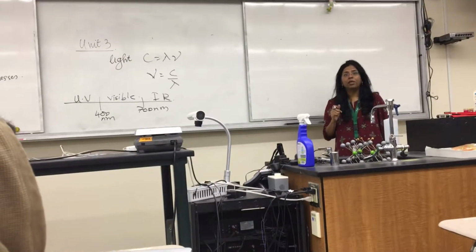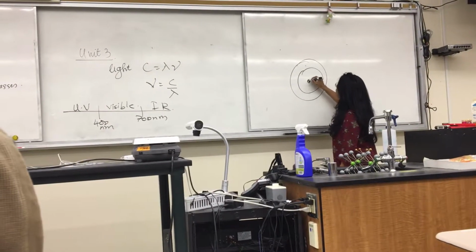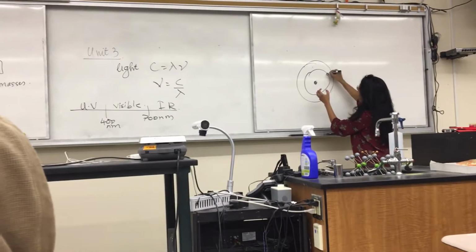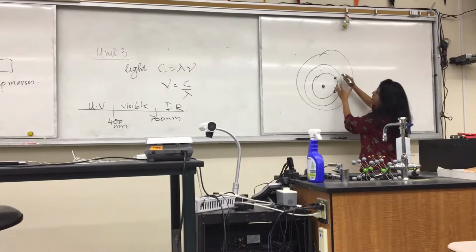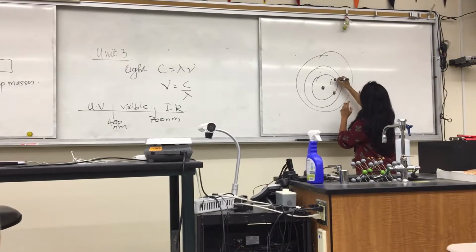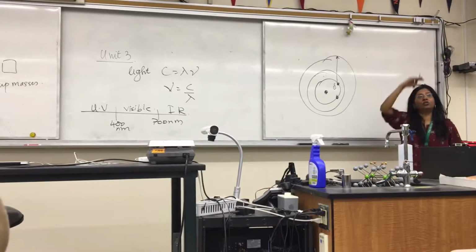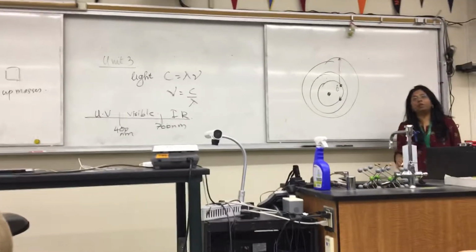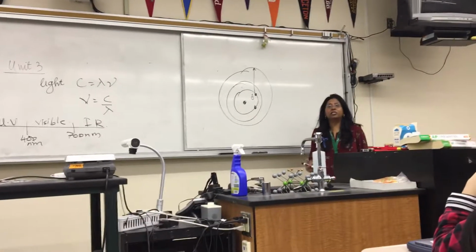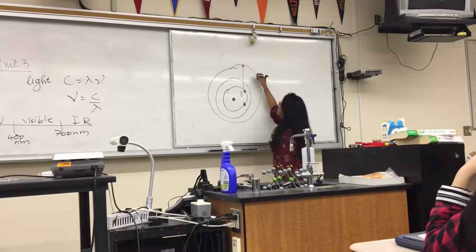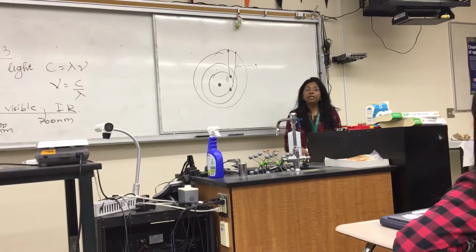Now, when you provide energy to an electron in an atom, the electron gets excited. When it gets excited, it goes to a higher energy level. It doesn't belong there and it wants to get back. When it wants to get back, what does it have to do? It has to give out the energy in the form of light.